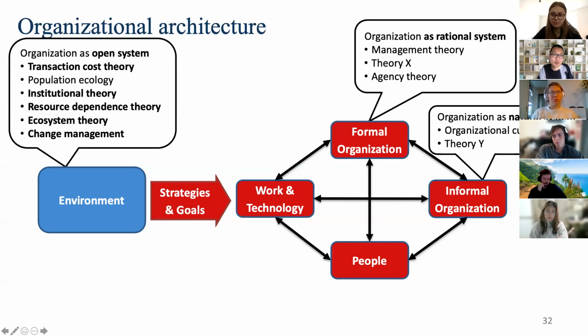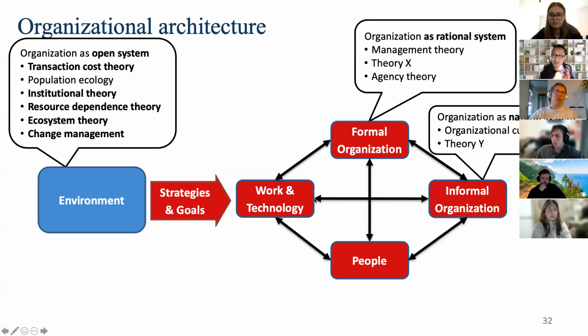And then when we look at the environment and other components, we come to the most prevalent theory, which is the open system theory, which considers organization as an open system. It interacts with the environment. A lot of the things that the organization does are not just determined by the internal components, but determined by the environment, all right?